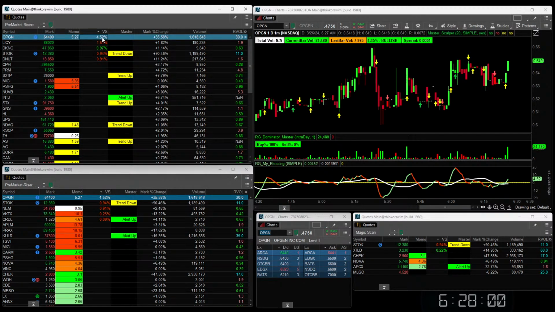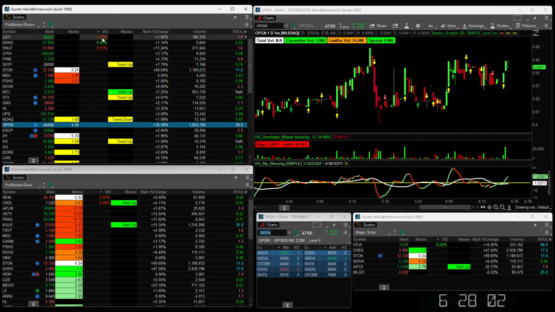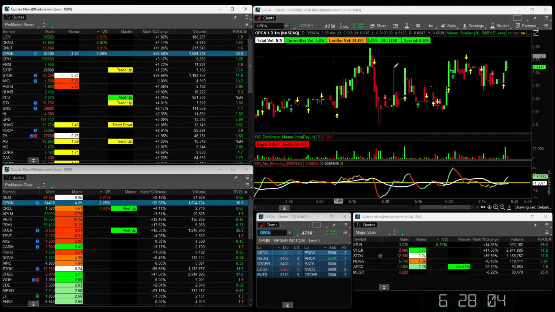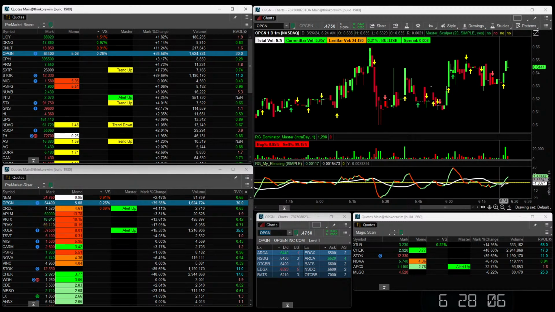OPEN, under $1. Could possibly break above the yellow.